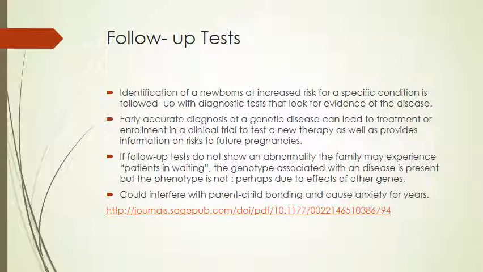The related condition may actually never manifest, perhaps because of effects of other genes. And studies have found that this incomplete knowledge may interfere with parent-child bonding and cause anxiety for years. Please visit this link to an article to talk about one of these problems that are associated with newborn screening and the concept of patience in waiting.